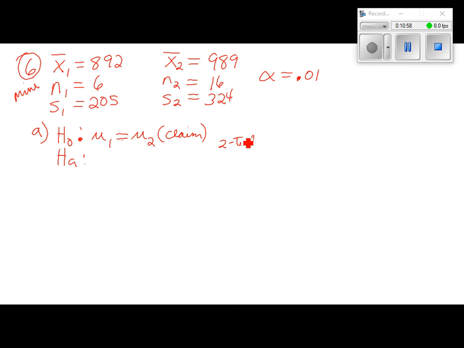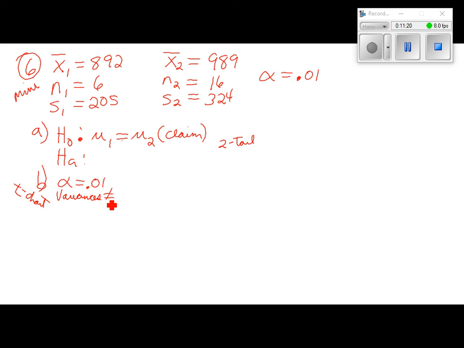So for part B, we got to find the critical values. Again, we're going to use the T-chart because we're dealing with small sample sizes. Our alpha is 0.01. They told us that the variances are not equal this time.